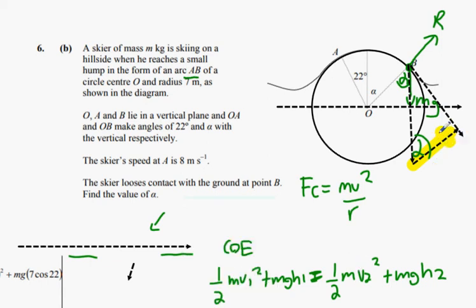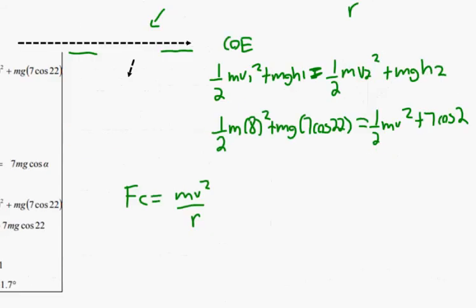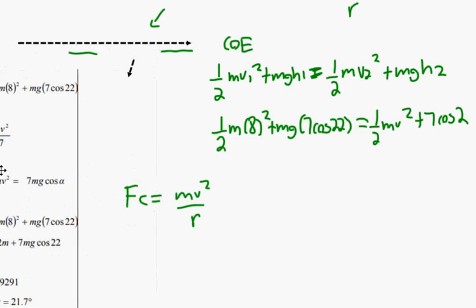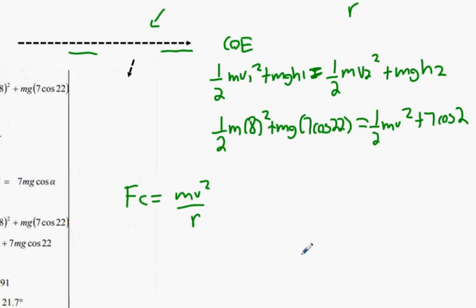So what value do you think it is? mg cos alpha. When you flick out your marking scheme, you realise they're working with mg cos alpha. So Fc, which is mv squared over r, is the force going towards the centre of the circle.